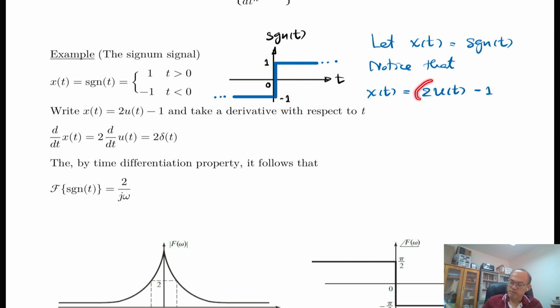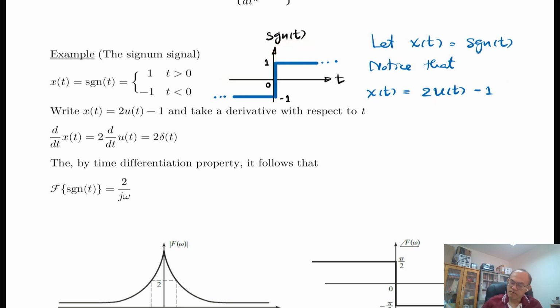So that's why we have 2u(t). It jumps at 0, so 2u(t). But if it was 2u(t), then we would have from 0 to 2. But in reality, we are having from -1 to 1, so we have to bring 2u(t) 1 unit down. So 2u(t) is this. After we've brought it down, we're going to have this. So that's why we have 2u(t) minus 1.